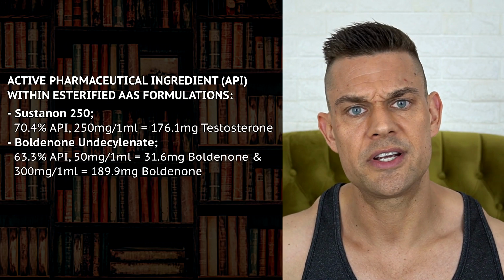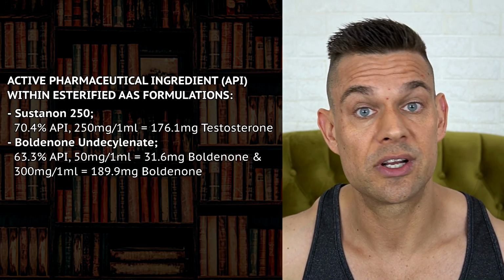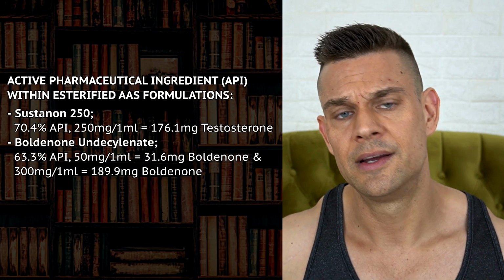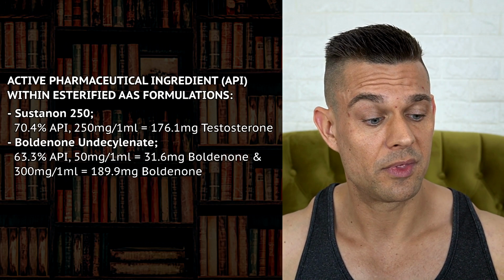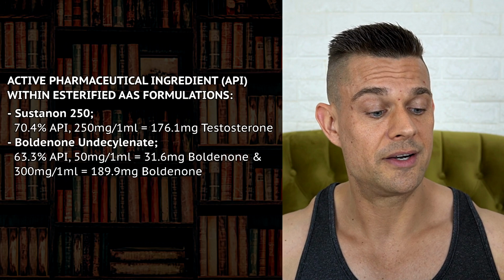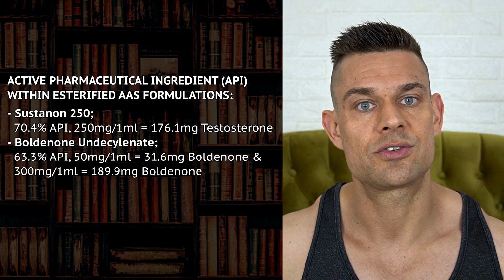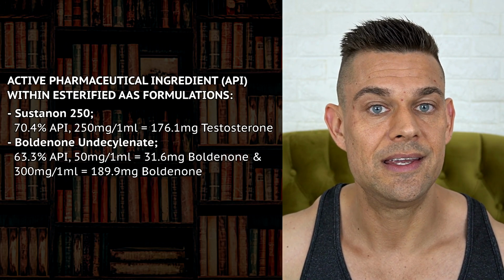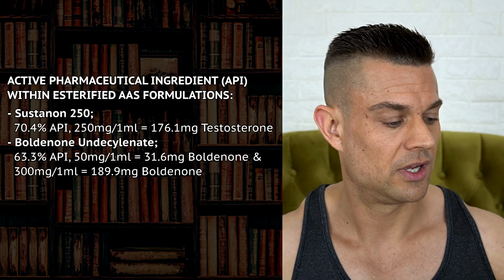And even though the concentrations of Equipoise, boldenone undecylenate, are generally the highest at 300 milligrams per 1 milliliter, considering it's such a low percentage of actual boldenone, 300 milligrams per 1 milliliter of Equipoise will yield 189.9 milligrams boldenone. Very close to testosterone enanthate when you compare the actual active pharmaceutical ingredient between those two pharmaceuticals.